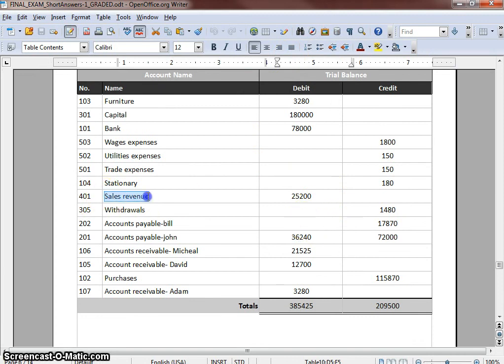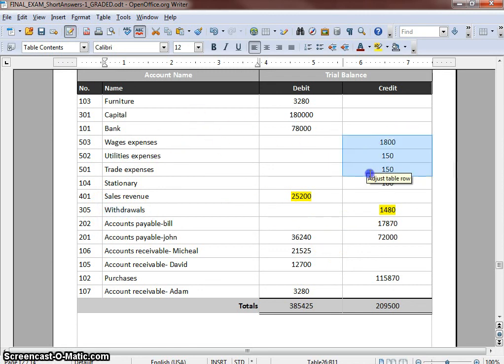So for instance, a revenue account, you might need to refresh on what type of balance that account has. It's not a debit balance for a revenue account. Same with withdrawals. Double check your notes and go back and look at old assignments to figure out what type of balances those accounts have.